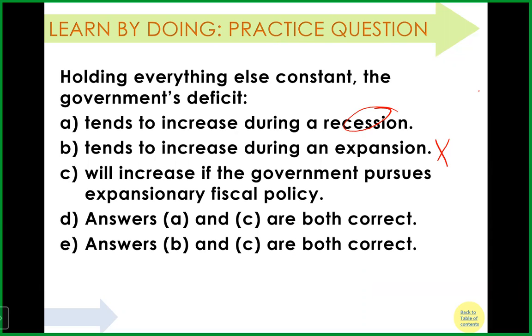There are reasons, political reasons, but that's probably beyond pure economics. But anyway, that happened, right? C, will increase if the government is pursuing expansionary fiscal policy. That's also correct. Usually these two are linked together. So the answer is D. Both A and C are correct.